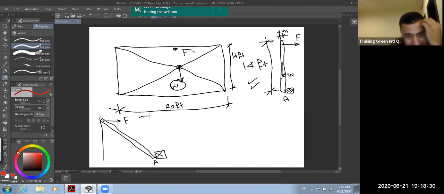If the force is more than W, the wall will move and overturn at A. So W resists the force because it gives a moment in this direction, and F gives a moment in the other direction. Equilibrium, guys. This is the wall and this is the floor.